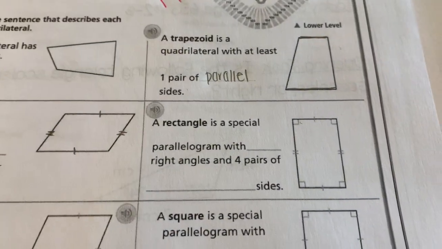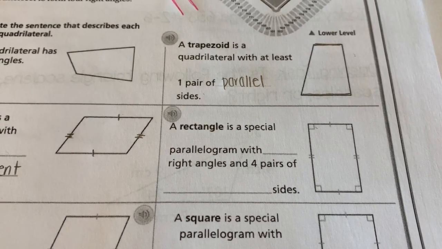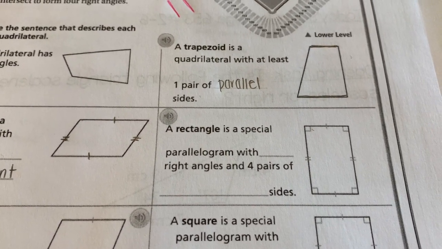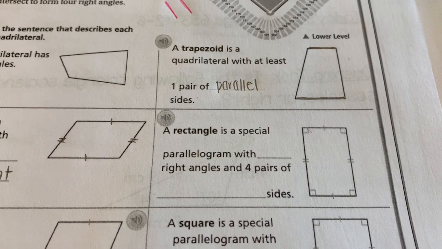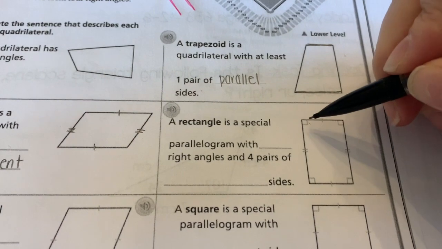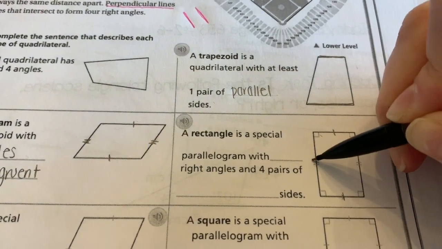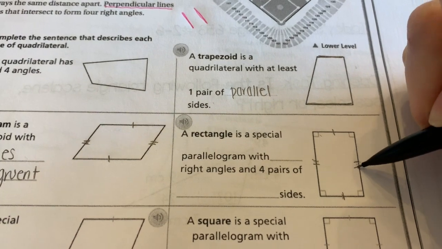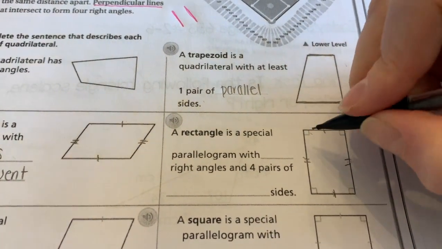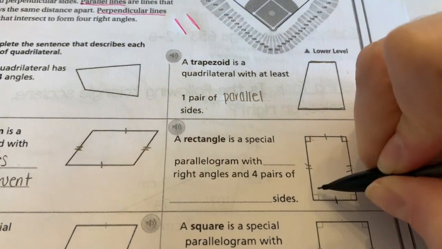Now, a rectangle is a special type of parallelogram. This type of parallelogram has right angles. That's what makes a rectangle different than a parallelogram. It still has opposite sides equal, and now the difference is that it has 4 right angles.